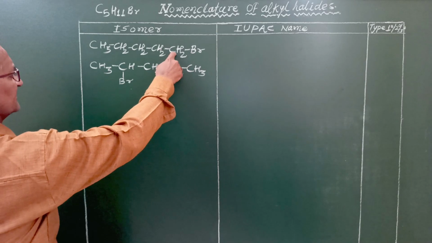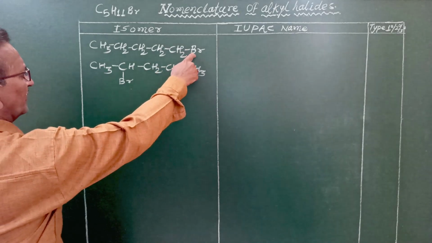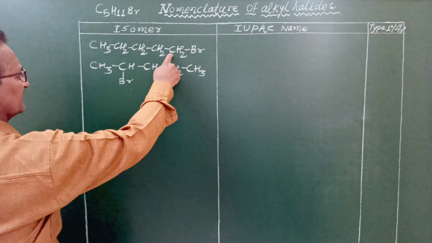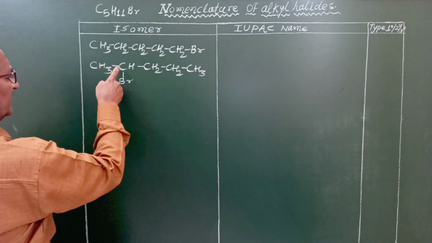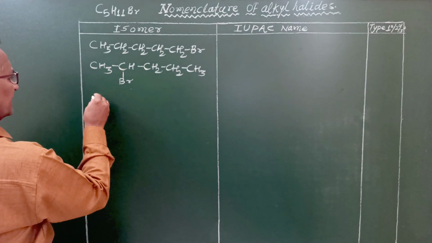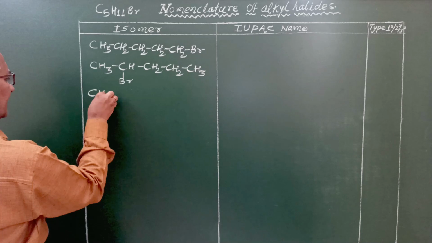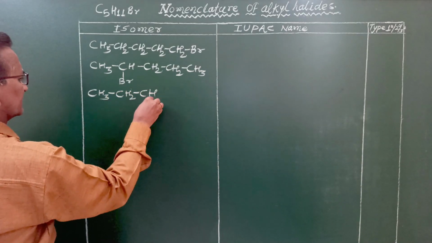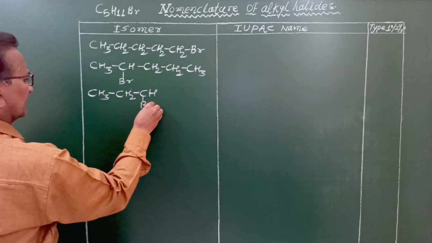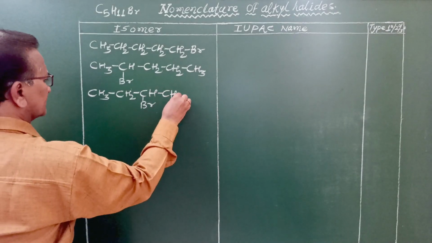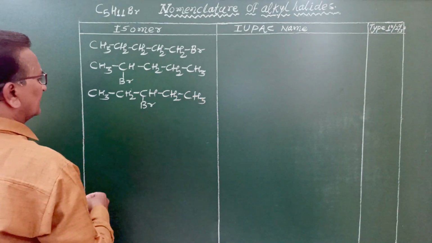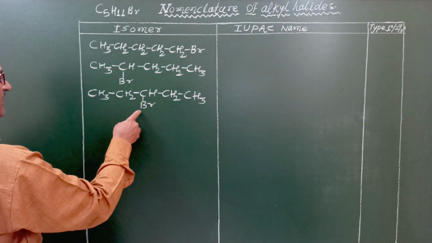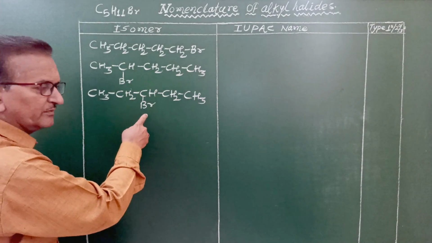Now in the first case, the bromine atom is bonded to carbon number first. In this case, the bromine atom is bonded to carbon number second. Let us see next: CH3-CH2-CH(Br)-CH2-CH3. In this isomer, the bromine atom is bonded to carbon number third.